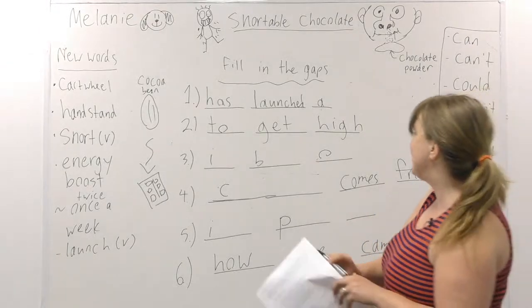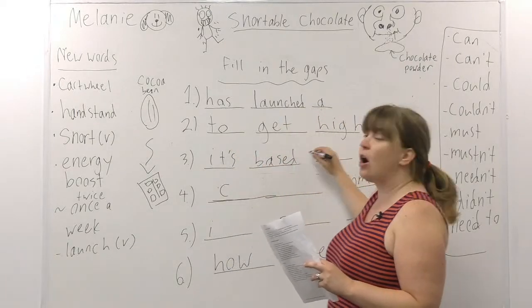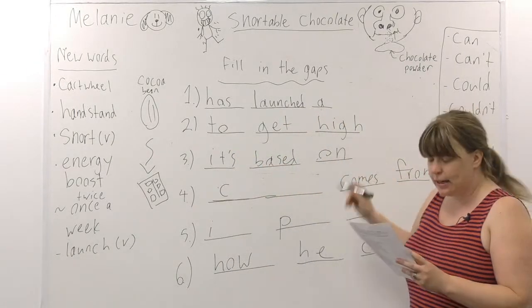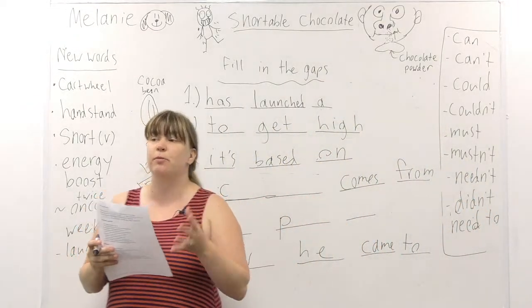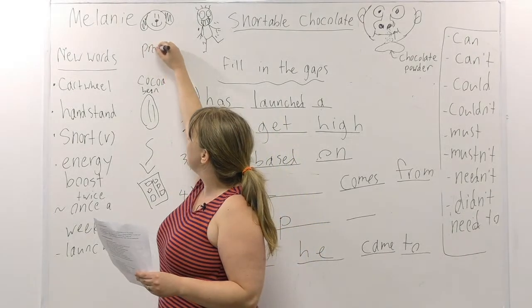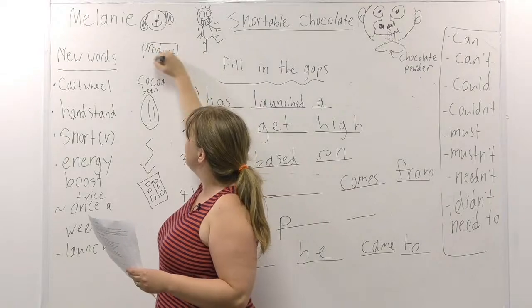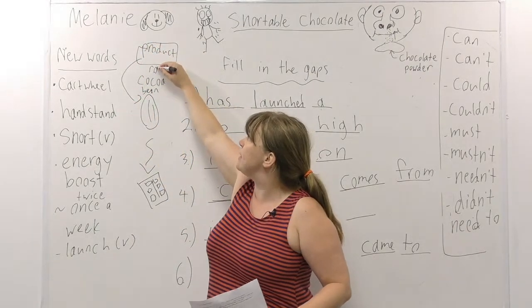Yeah, good. Number 3. Thank you. It's based on. Good. All right, so number 3. The product is based on the raw cocoa bean. So basically, the product, the snortable chocolate, it comes from a raw cocoa bean.